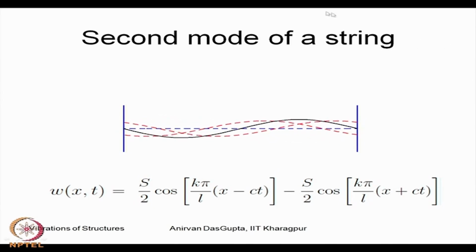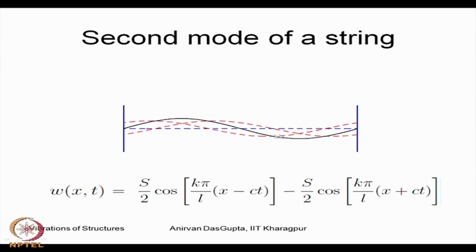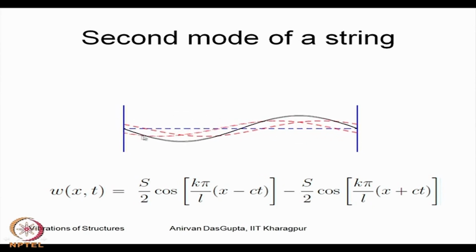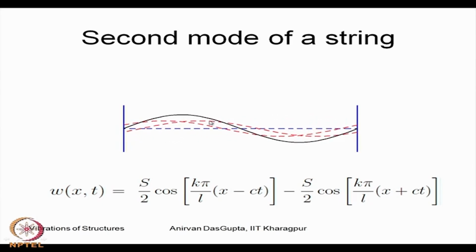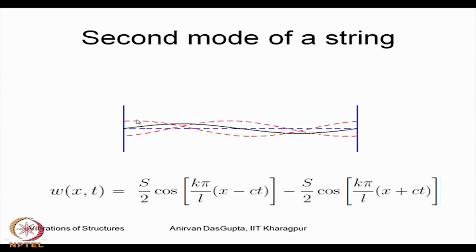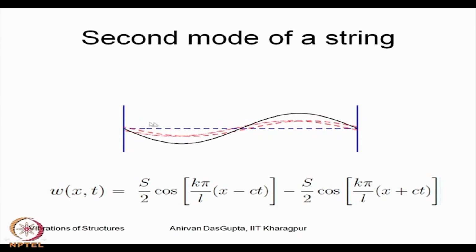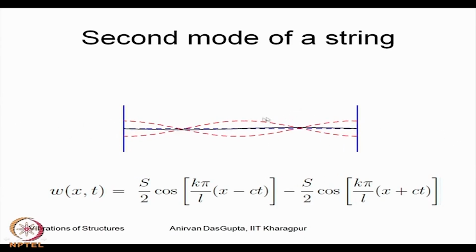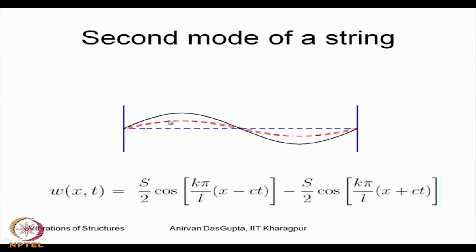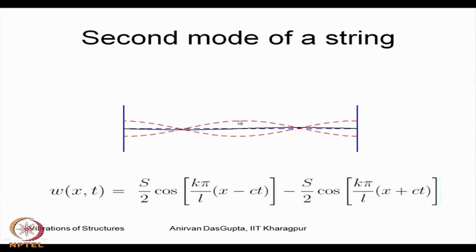The black curve shows the actual configuration of the string. So, you can see for example, if you follow this crest, then this is a negative travelling wave and there is a positive travelling wave, this is the positive travelling wave.